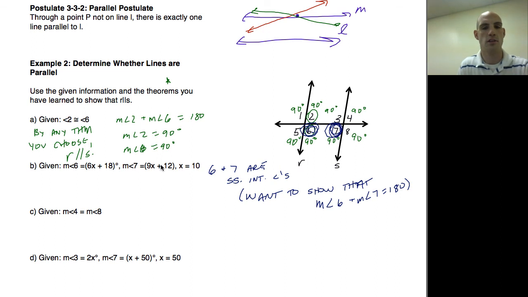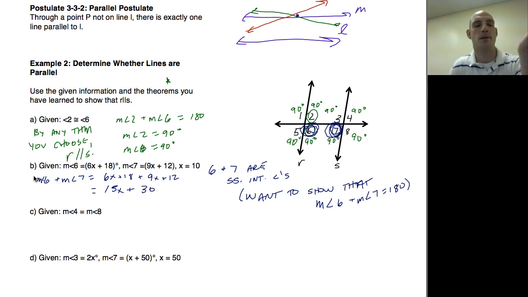Well, let's look. Let's leave the x out of it for a second. Let's use a little bit of logic here. The measure of angle 6 plus the measure of angle 7 is equal to 6x plus 18 plus 9x plus 12. So let's add those together. I've got 15x plus, and 18 and 12 will be 30.